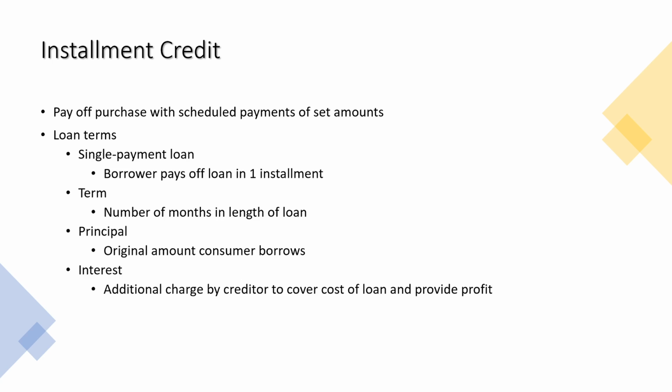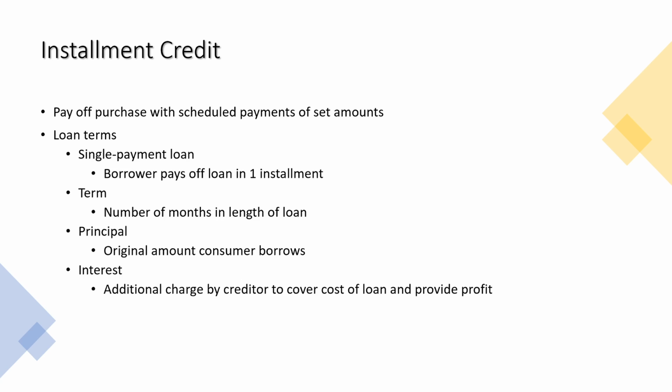So it is what the creditor charges to cover his cost of making the loan plus anything he expects to make as profit. Banks and lenders are not in the business of making loans just out of the goodness of their heart. They want to make money off of it.